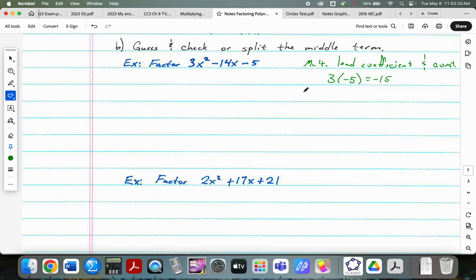So here we want to find two numbers that multiply to the result that we just got and add to the coefficient on the linear term.